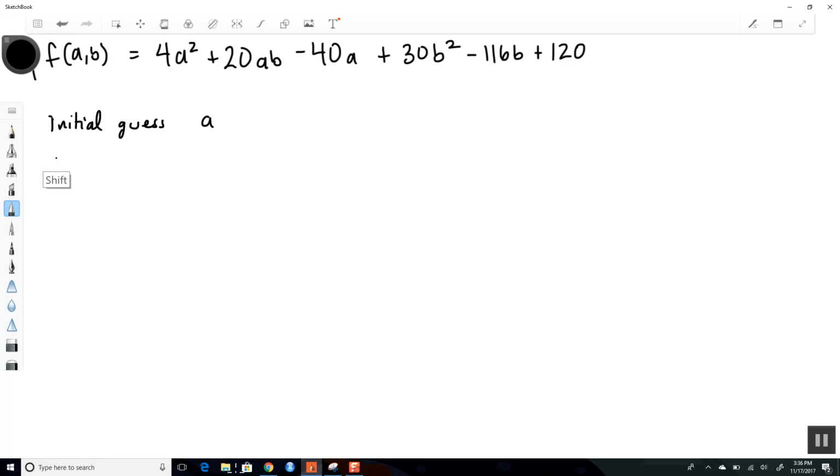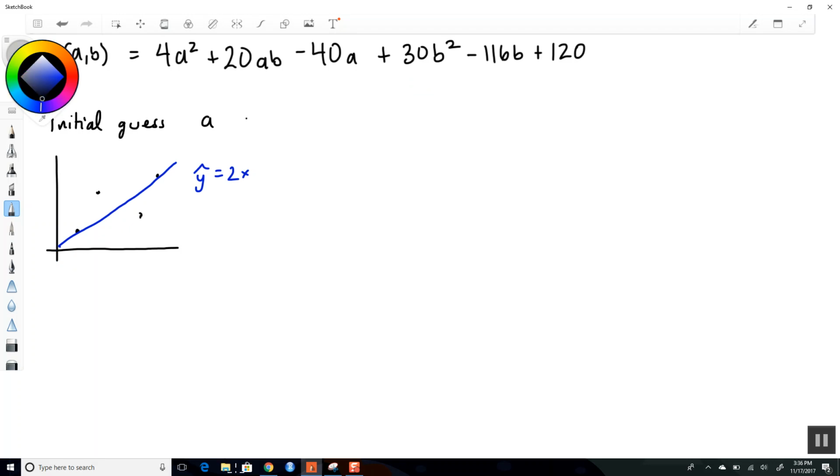Maybe you look at your data, and we're going to say y hat is equal to 2x, right? So in this case, our initial guess will be a0 equal to 0, an intercept of 0, and b0 will be a slope of 2, or something like that.